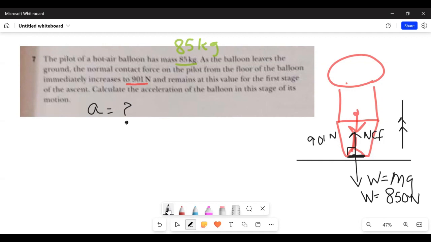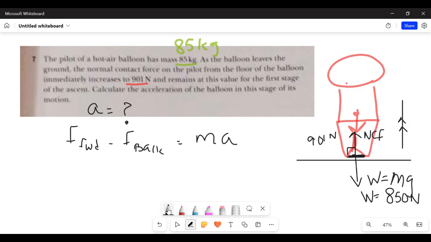So you always start the equation using Newton's second law, which is forward force minus backward force equals ma.